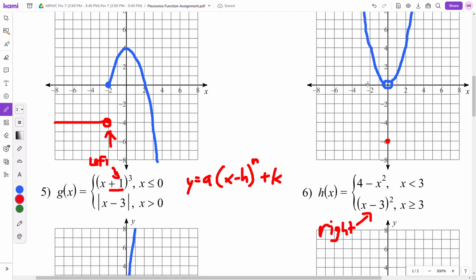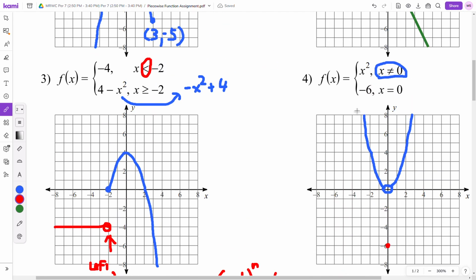However, on the outside, for example, what we did with this blue one here, you see this right here? Here was plus 4. This one right here shifts it up 4 units.